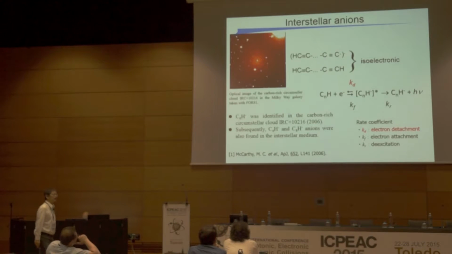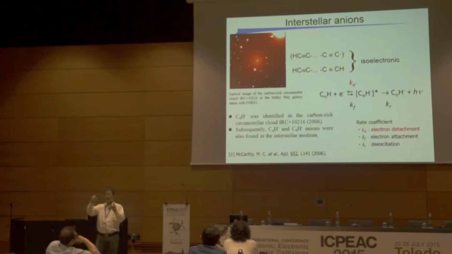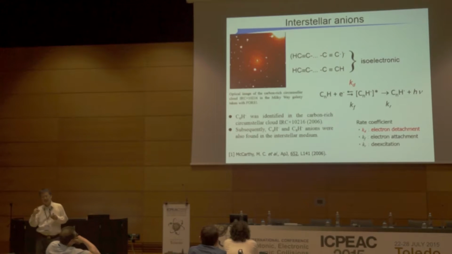This is not a carbon cluster, but very similar: the polyenes, with 1 hydrogen at the end. The polyene anions are actually found in space, and people believe these polyene anions are produced by two-body collision of the neutral polyene and electrons. It forms transient highly excited ions, and these are unstable.